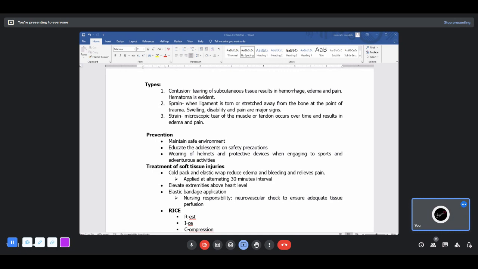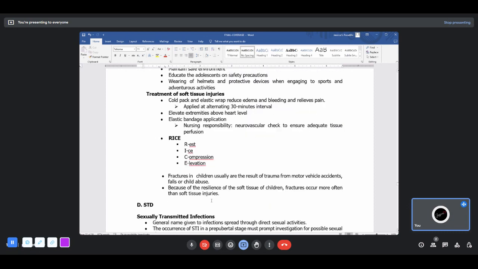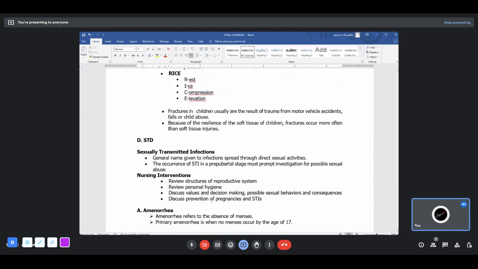Next one, we have the RICE. RICE is rest, ice, compression, and elevation. So, yun yung meaning ng RICE, isang treatment yan for soft tissue injury. We should promote rest, apply ice, and there will be compression and elevation doon sa affected site.